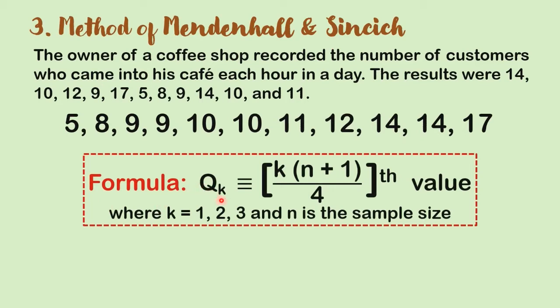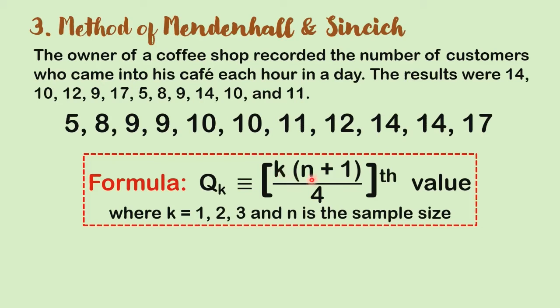So, let's discuss the formula. Q sub K, your K may take the values 1, 2, 3. Kasi 3 quartiles ang hahanapin natin, right? So, we're looking for Q sub 1, Q sub 2, at saka Q sub 3. This is the formula. So, K, depende kung anong quartile ang hinahanap ninyo.